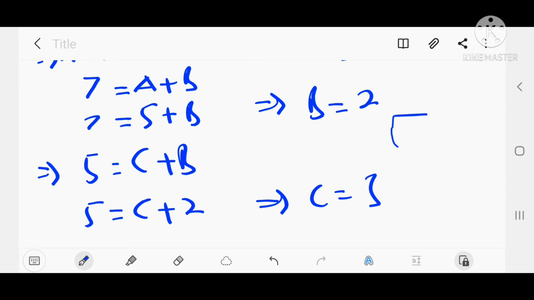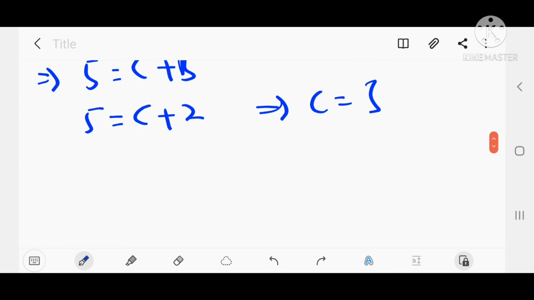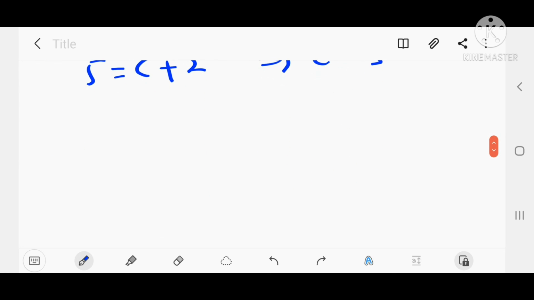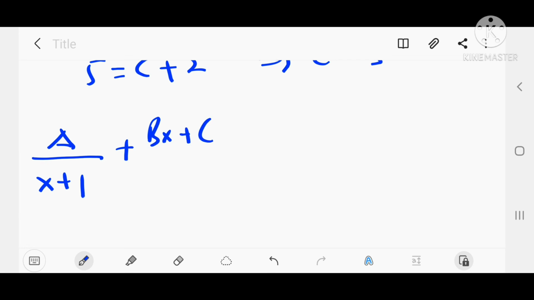So we have now a on x plus 1 plus bx plus c on x squared plus 2 as our expression in partial fractions. a was 5.